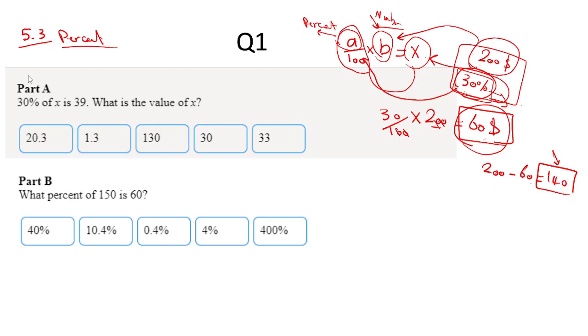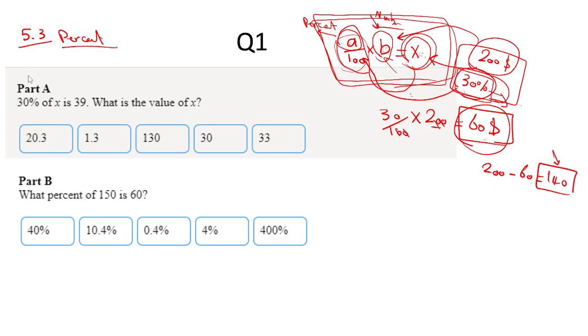Sometimes it will ask you about the percent and provide these two values. Sometimes it will ask about the whole number or whole amount, and give you these two values, or ask about the value of the percentage and provide you with these two values. So you have to keep this formula in mind when you are solving any question.